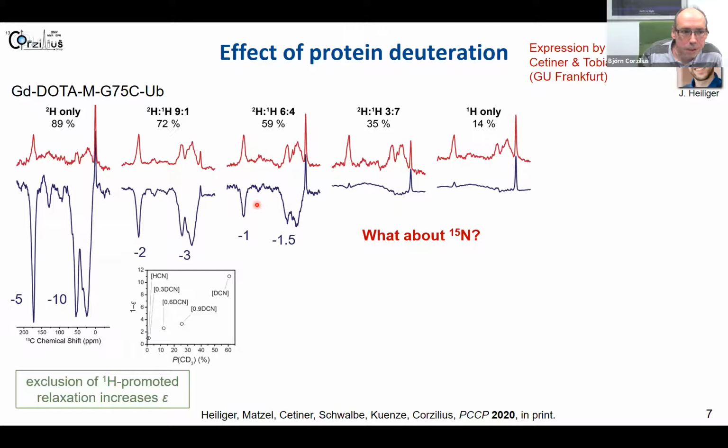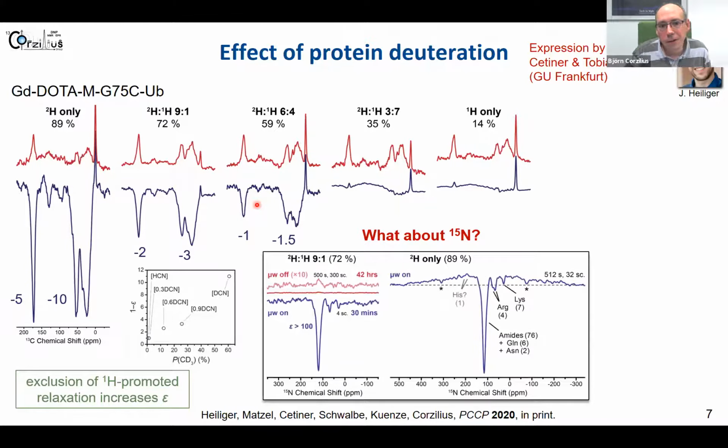So just don't waste any time on that, because our measurement time was always limited. But he was pushing for this, and this was really good because we finally got really nice enhancement when we look at 15N directly. And you can see here, for example, for a 90% deuterated expression medium, we get an enhancement of about -100.